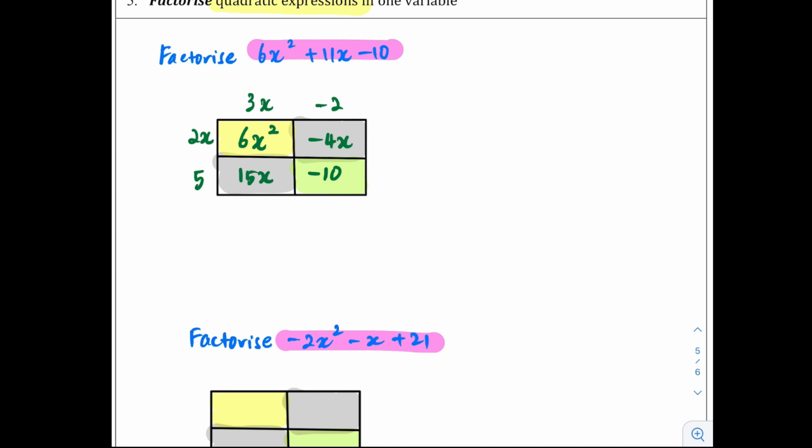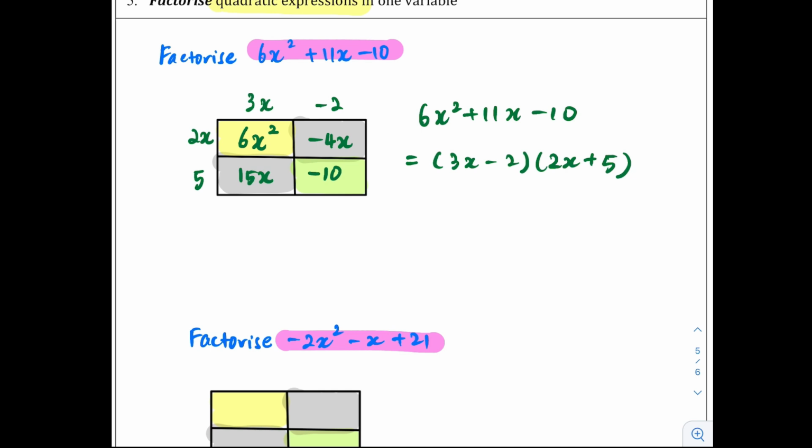Now let's check. 15x minus 4x, can we get 11x? Yes, so therefore 6x squared plus 11x minus 10 must be equal to 3x minus 2 times 2x plus 5.